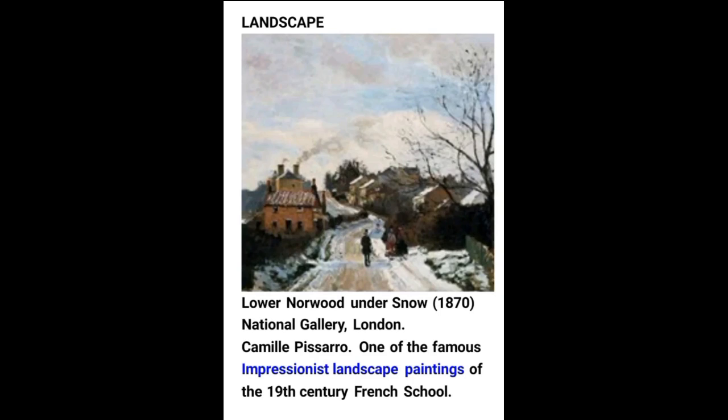This is the example of landscape. Lower Norwood under Snow in 1870, National Gallery, London, by Camille Pissarro, one of the famous Impressionist landscape paintings of the 19th century French school.